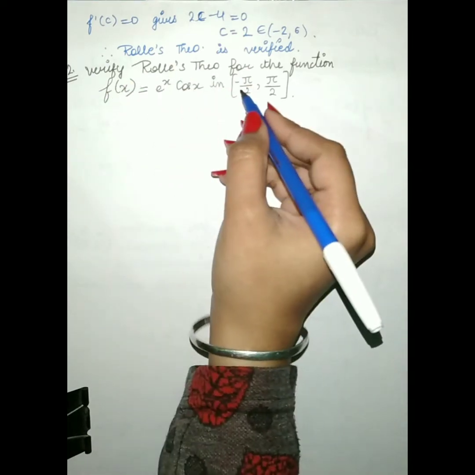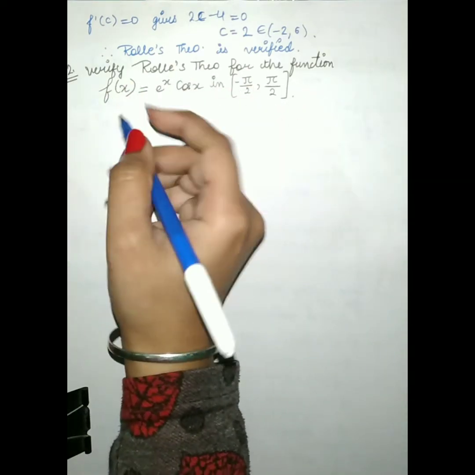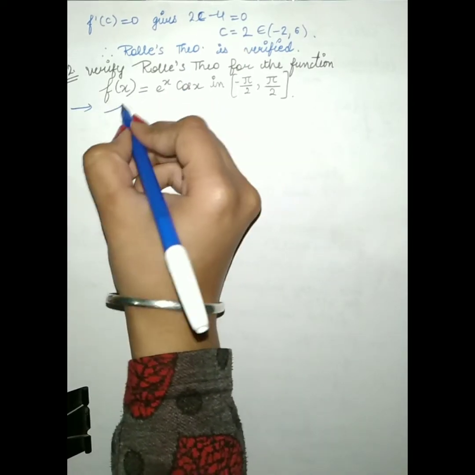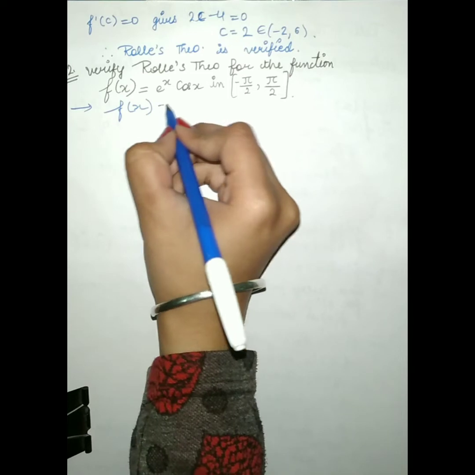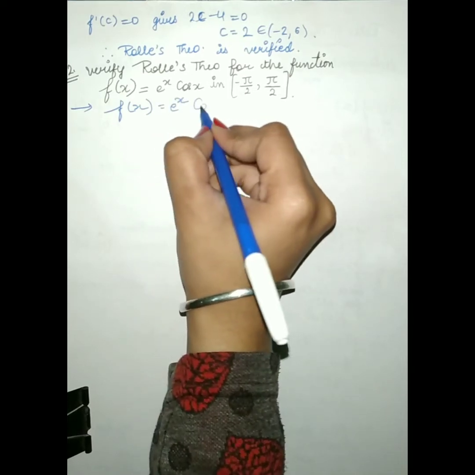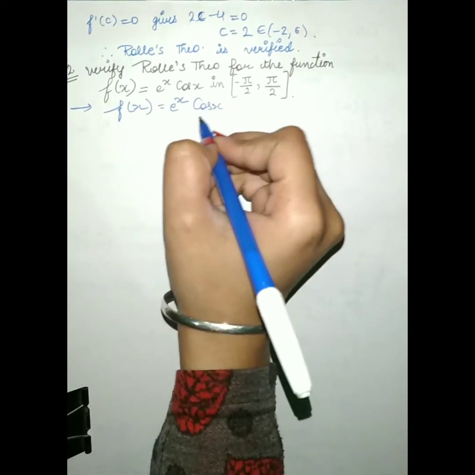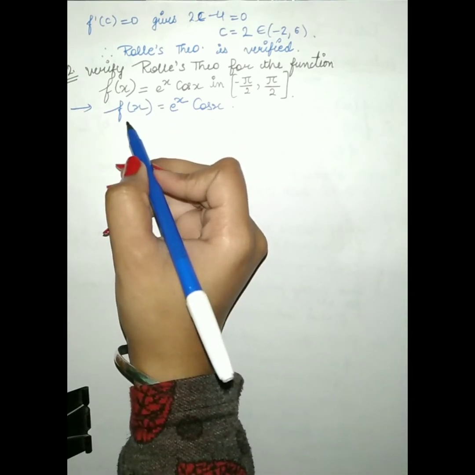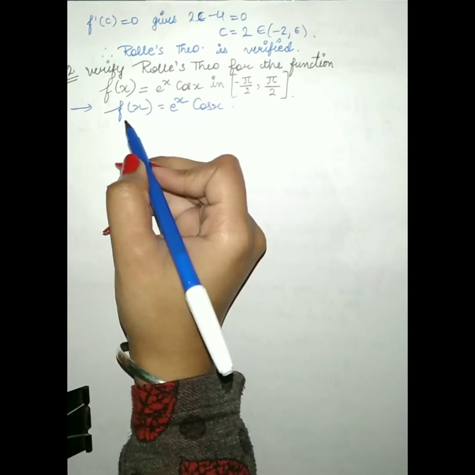Now second question is verify Rolle's theorem for the given function f of x equals e raised to power x into cos x. Here f of x will be equal to e raised to power x into cos x. Now for Rolle's theorem, firstly we will prove that function f of x is continuous on the given interval.